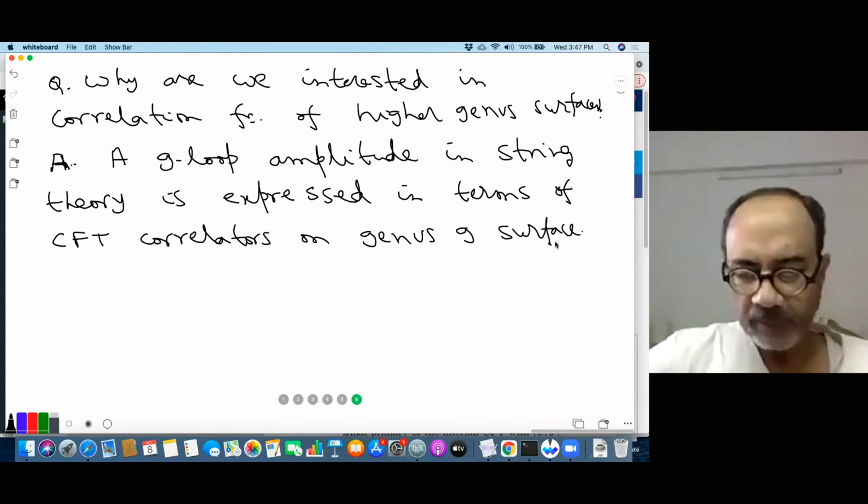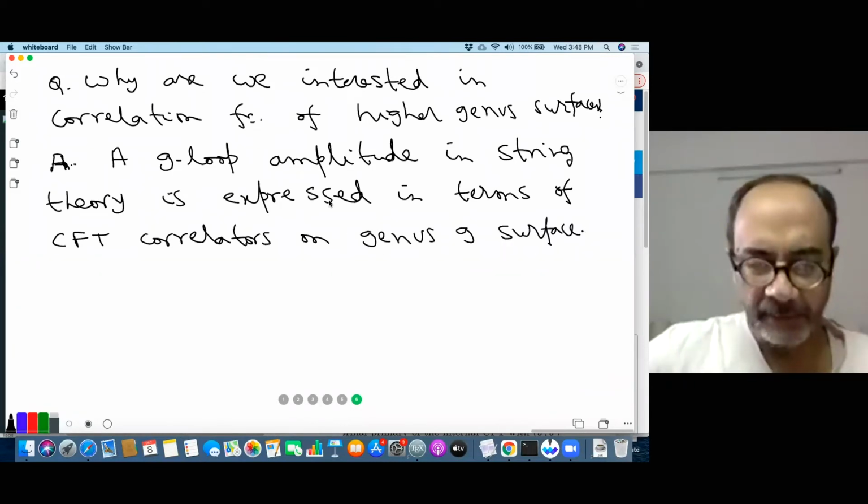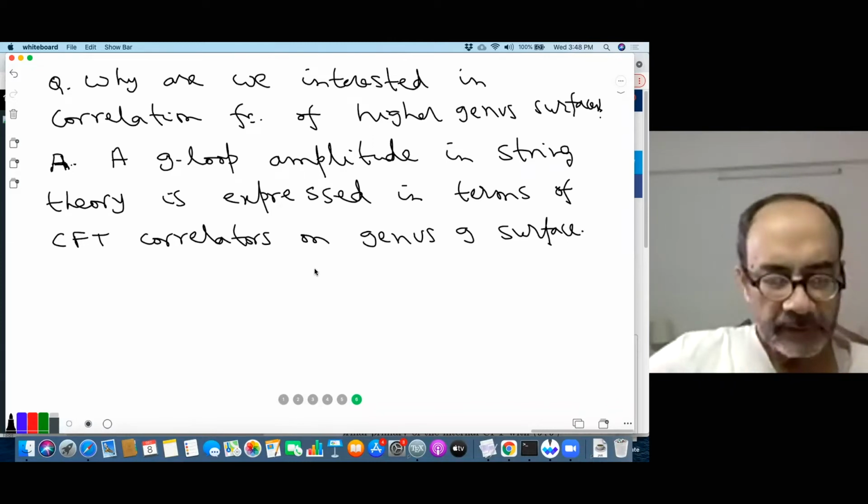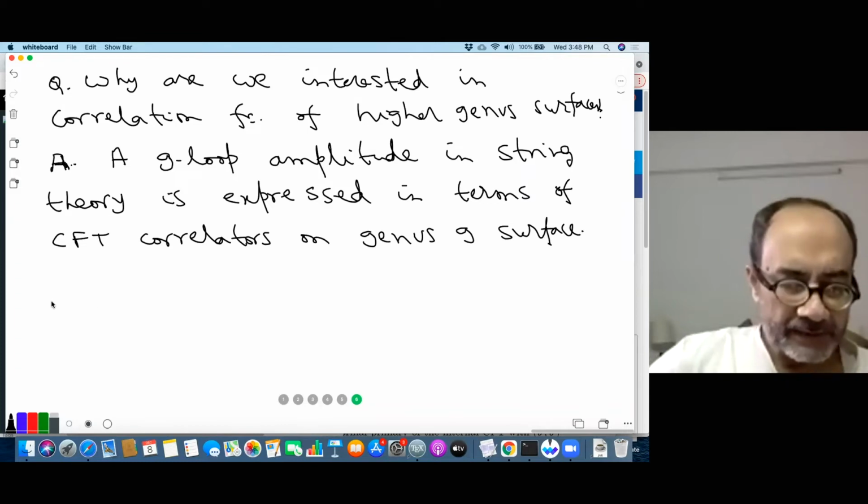And hopefully by the end of today, we'll see the explicit expression for this G loop amplitude. But first, let me just give an intuitive understanding.